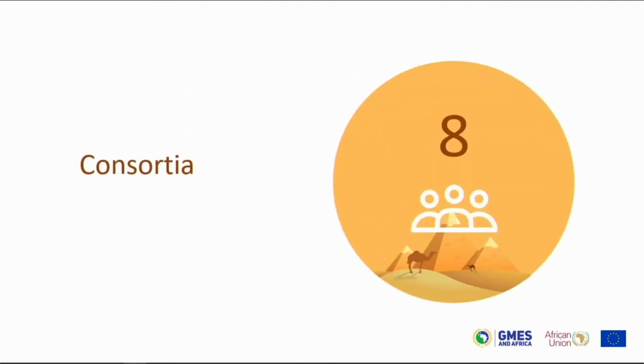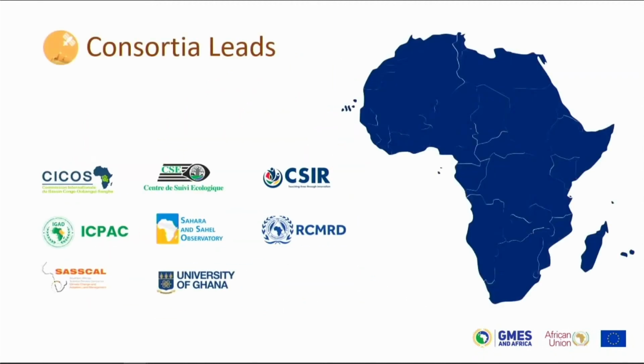The consortia, let's go briefly into them. So these are the list of the consortia. We have SICOS from Congo, Centre de Suivi Écologique from Senegal, CSIR from South Africa, ICPAC from Kenya, OSS from Tunisia, RCMRD from Kenya again, SASSCAL, Namibia, and University of Ghana, where I come from, Ghana.